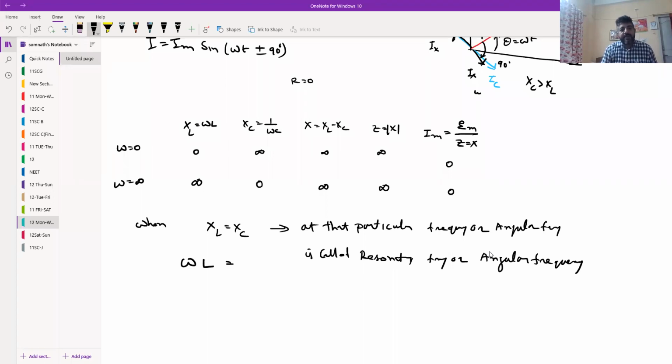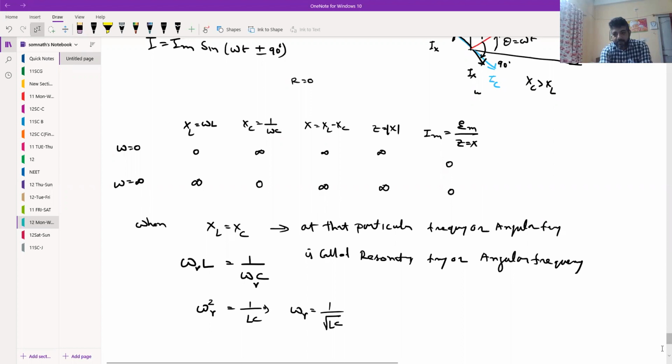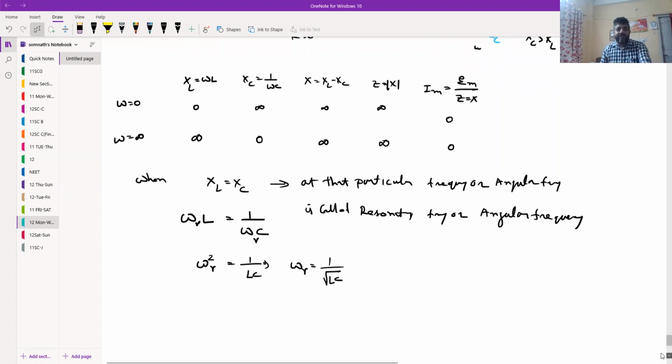Omega L is 1 by omega C. It is a special frequency. So omega R L, omega R C, it is a special frequency. So omega R squared is 1 by LC. That means omega R is 1 by root under LC. Is it clear? Is it clear, everyone?